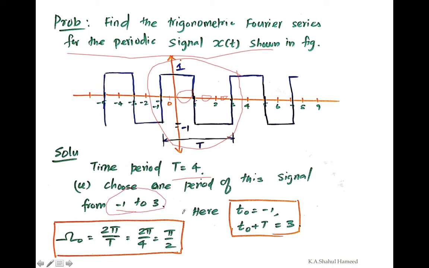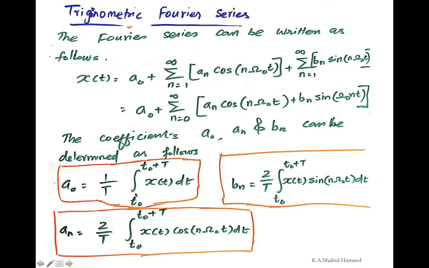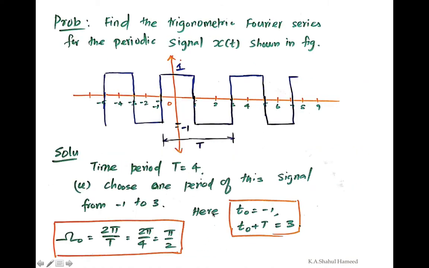Okay, here in the Fourier series coefficient determination, we have integration limits from t naught to t naught plus T. So we are going to consider t naught is equal to -1 and t naught plus T is equal to 3.